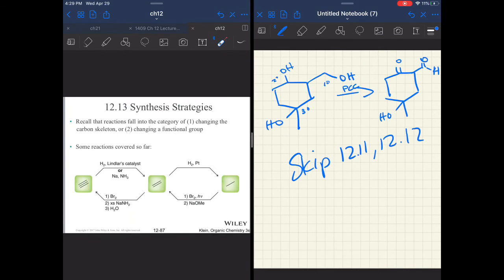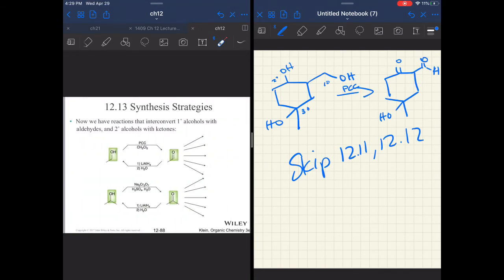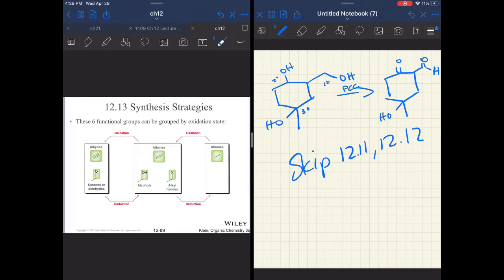I am not going to go through all of the synthesis strategies here, but I encourage you, as I do at the end of most chapters, Klein loves to give you some references, some good ideas of what you can do, some flow charts. This is great for synthesis, especially when you have to ask the question, am I extending the carbon chain?